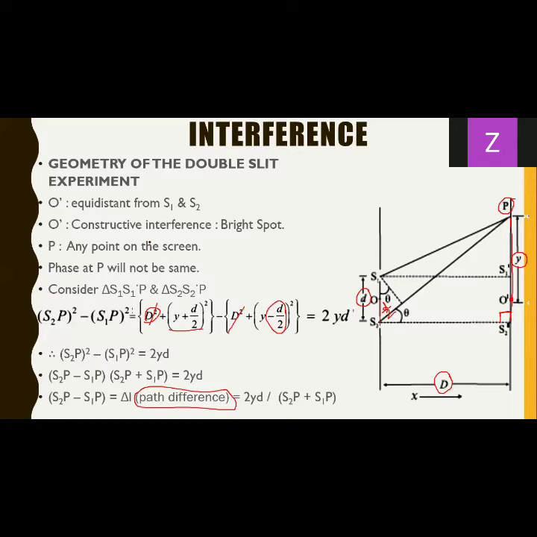Now we are going to move forward from here for S2P plus S1P.